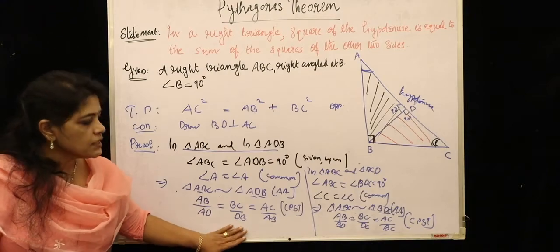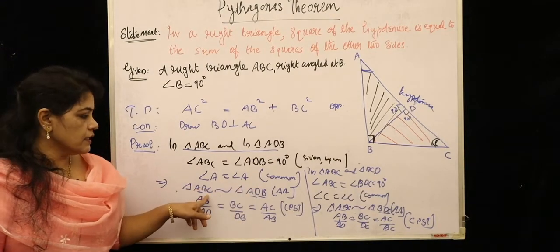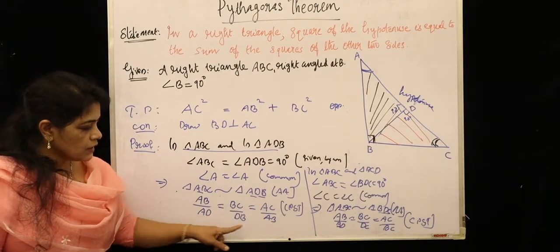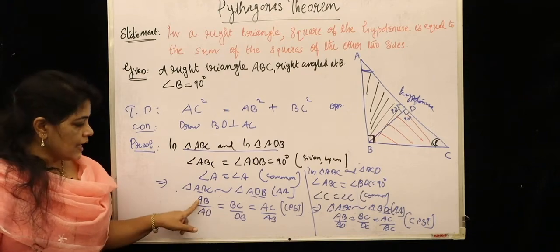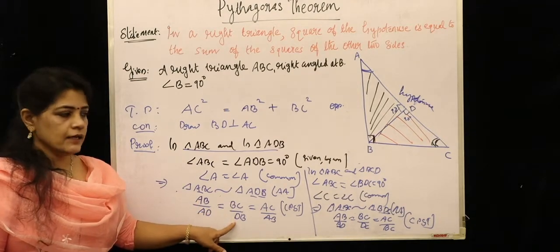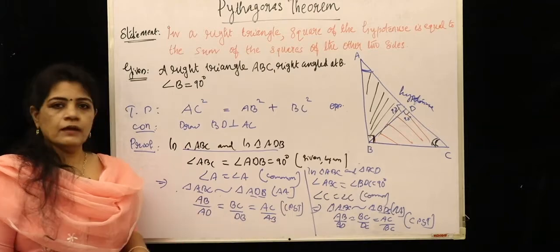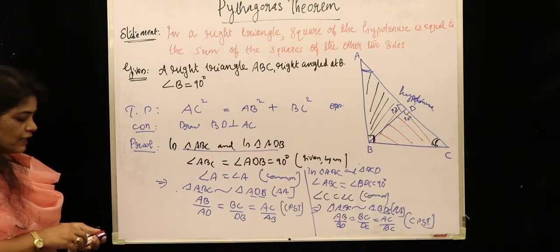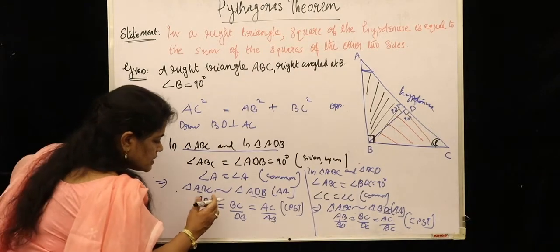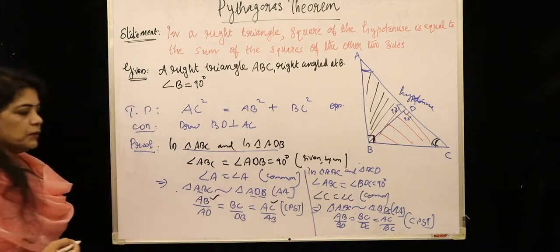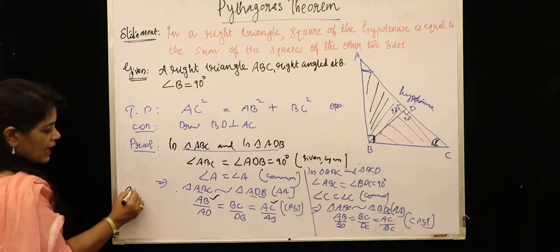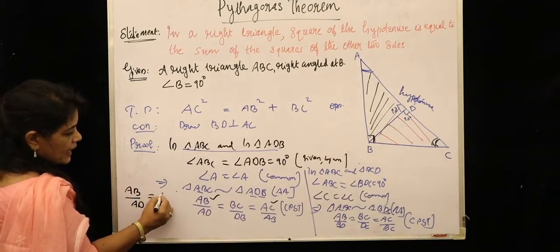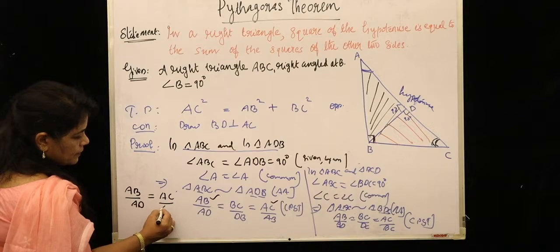So first, from the first similarity, that is triangle ABC similar to triangle ADB, I am going to take from these three ratios, that is AB by AD, BC by DB and AC by AB. I am considering this first and third ratio. I will tell you the reason. If you take this first and the third ratio, that is, see children, AB divided by AD equal to AC by AB.